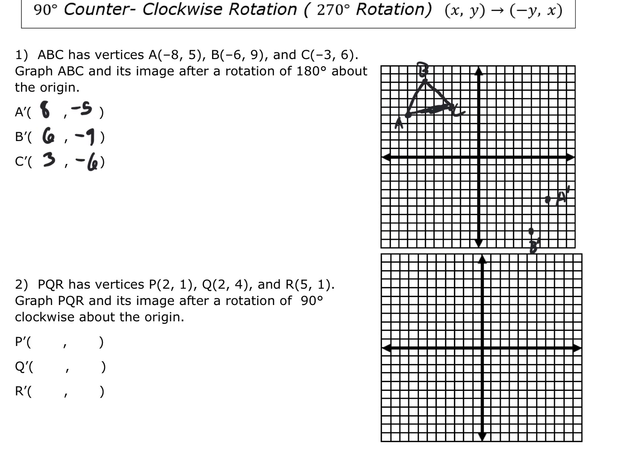C prime's at 3, negative 6. 3, 4, 5, 6. So there is our triangle that has been rotated around the origin 180 degrees.